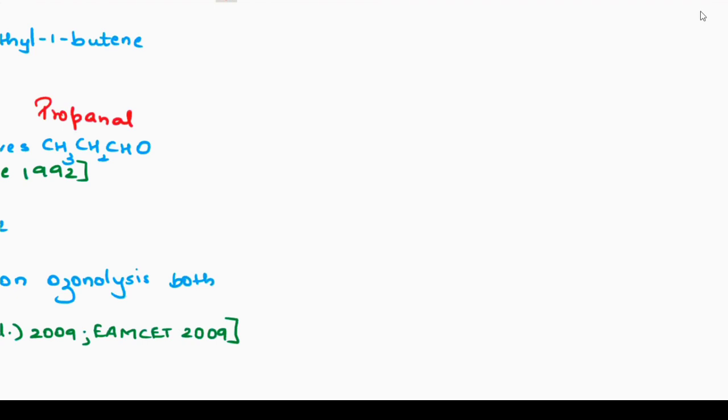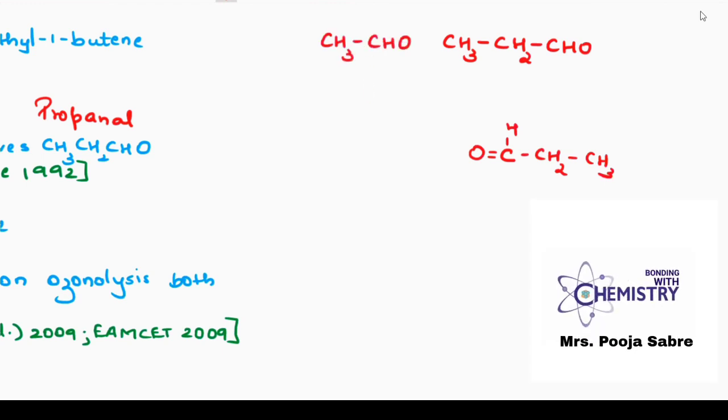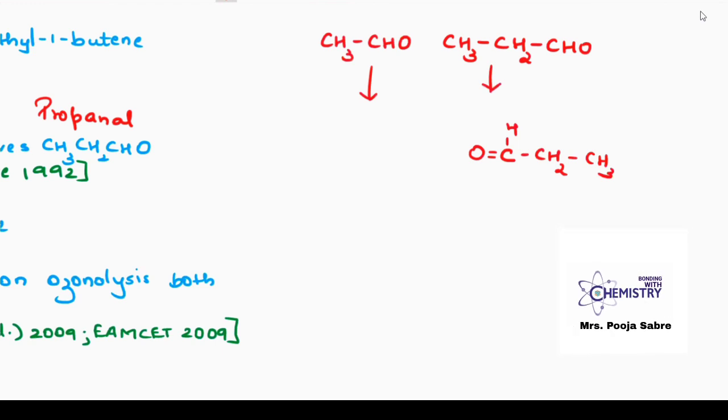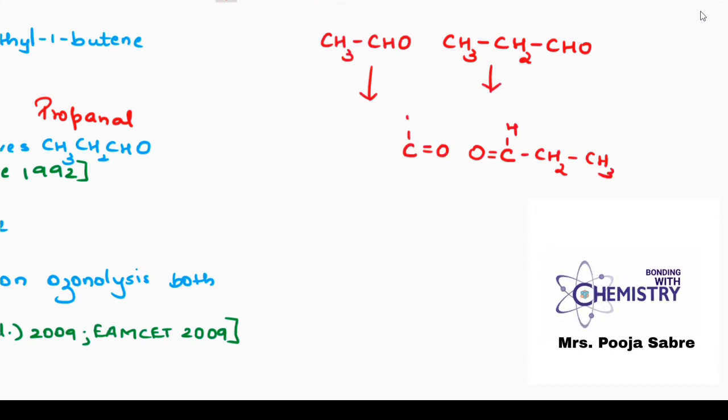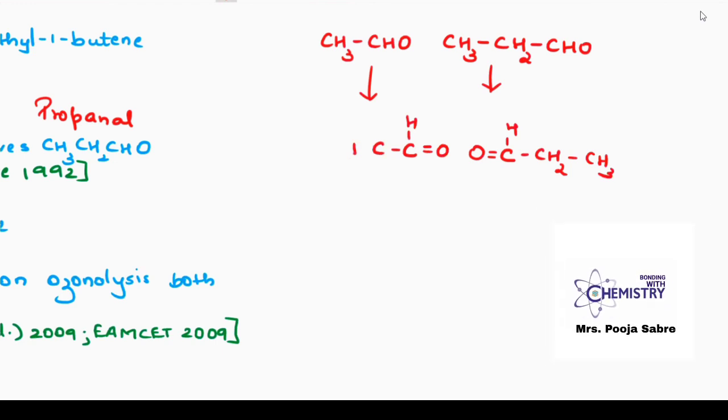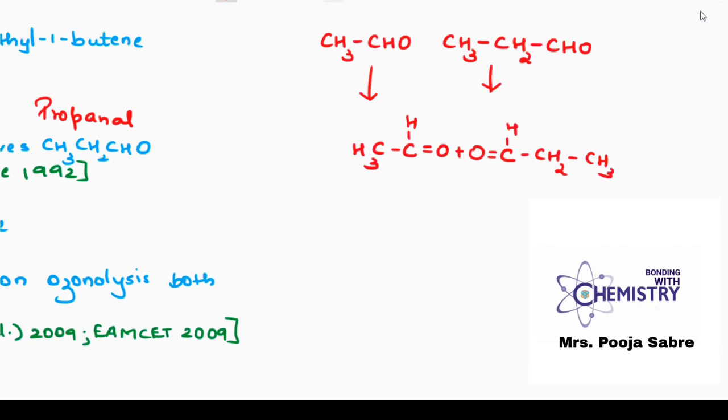This is propanal, C double bond O, H, CH2, CH3, and for ethanal, I can write CH3CHO, which can also be written as C double bond O, H, and on the left-hand side CH3. So these are the two products which we are getting after ozonolysis.